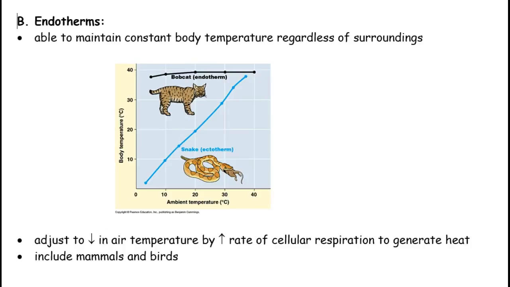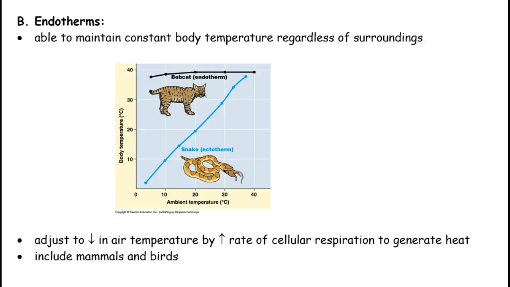So how do we do this? How do we maintain a constant internal environment despite changes in the air temperature? Well, the way that endotherms do that is by simply increasing the rate of cellular respiration. We know that in that process there's an increase in disorder, an increase in entropy.